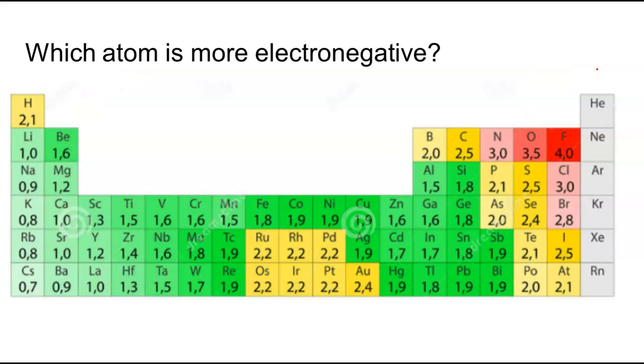There's another situation where, as you notice, we're looking at oxygen over here, but then we're looking at sulfur down here. And you notice by the number that oxygen is more electronegative than sulfur is. So let's take a look at oxygen. I'm going to draw a very rudimentary Bohr diagram. I'm not putting in all the dots.